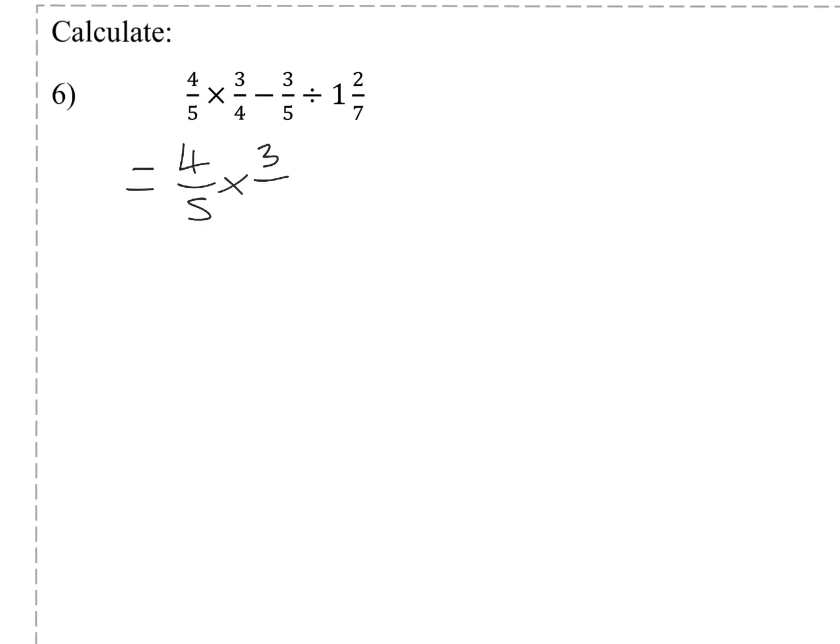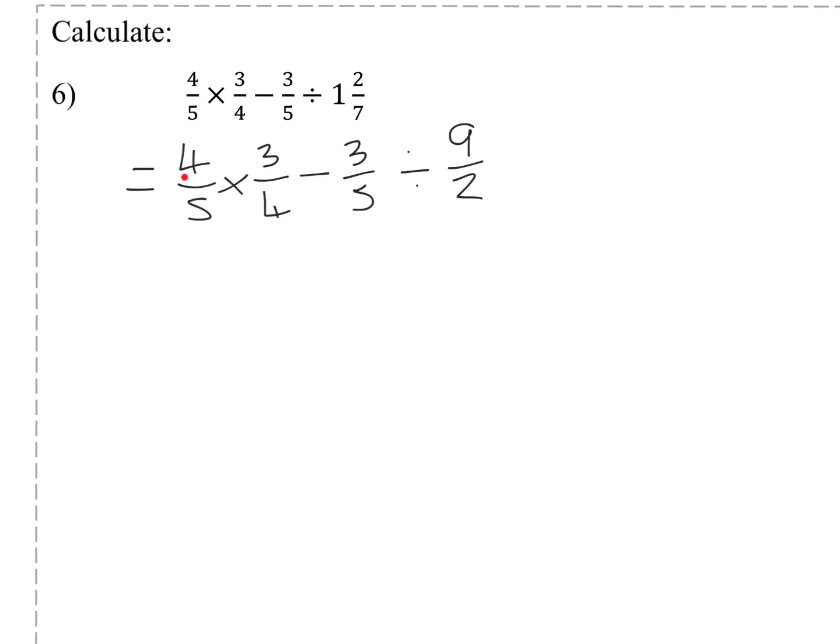Begin by changing anything that is a mixed number into an improper fraction. So 1 2/7: 1 times 7 is 7, plus 2 is 9. Then you should be looking at doing your multiplications and your divisions first before we do this subtraction.